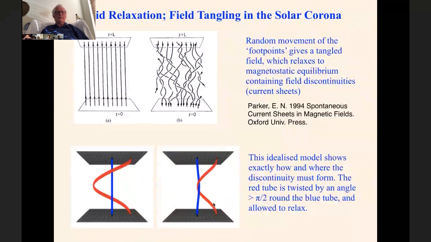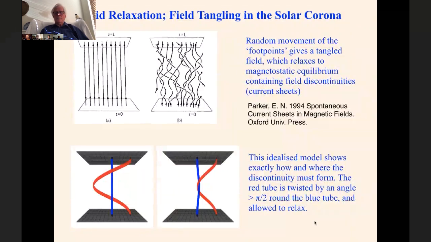It wants to become more straight, but it must meet the blue tube in a field of discontinuity. The blue tube will deform a little, and it depends on the relative strength of the two tubes how much this deformation will be. It's twisted by an angle greater than pi by 2 around the blue tube and allowed to relax.